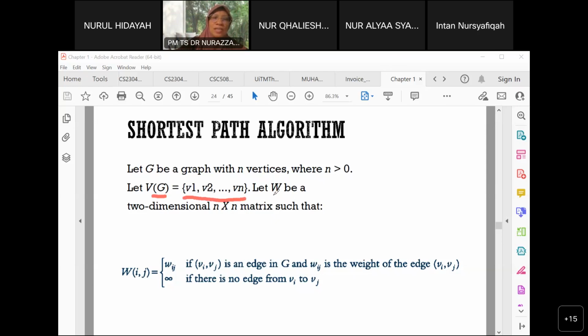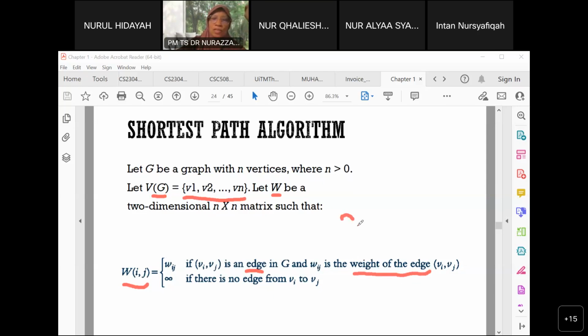Okay, and then capital W is a two-dimensional n by n matrix such that the entry Wij is where there is an edge, yang ada hubungan, sambungkan di antara vertex, sorry, Wij is an edge in G. That means ada sambungan di antara vertex VI dengan VJ ni, dan dia adalah weightage kepada edge tersebut.